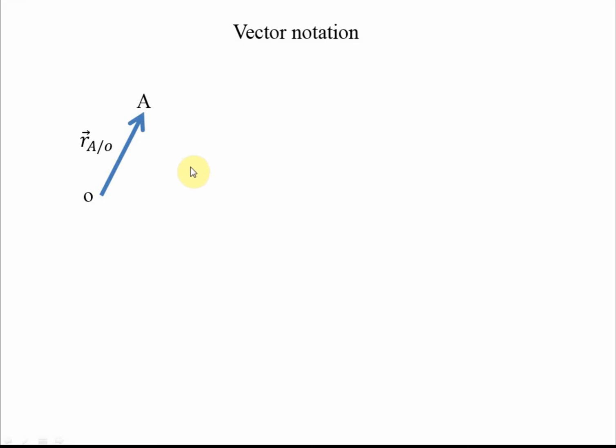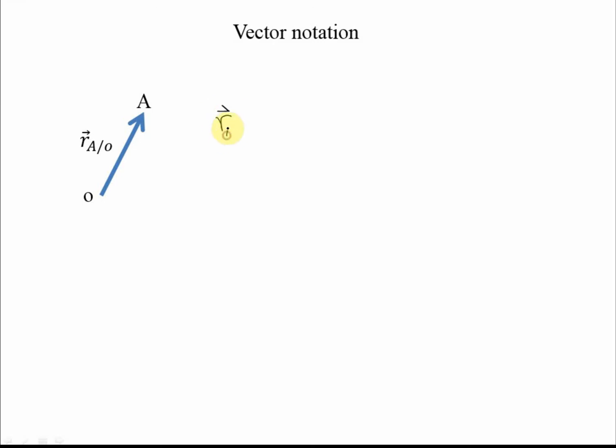So speaking of the vector notation, let's say this is the starting point O of one vector pointing to A. Then this vector is represented by this notation. So let's say this is vector R, and I put an arrow superscript, which means this is a vector.